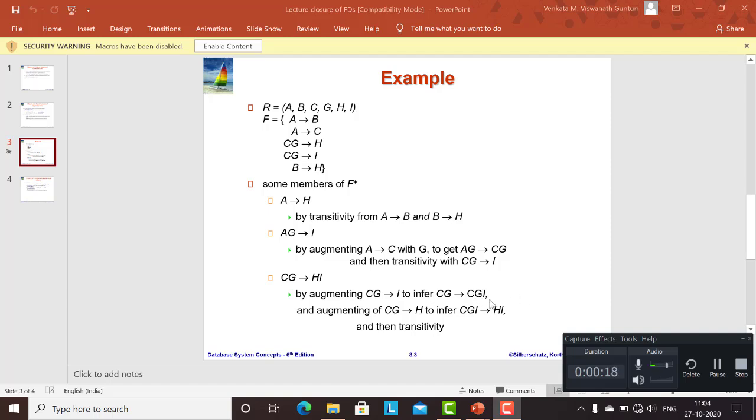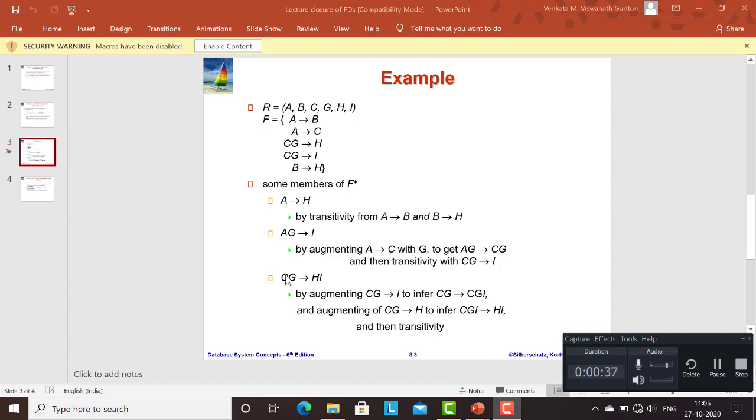And then you see these two FDs, CG implies CGI, and CGI implies HI, right? So then you can put in transitivity to get CG implies HI, right? So this is what we wanted to check, right?